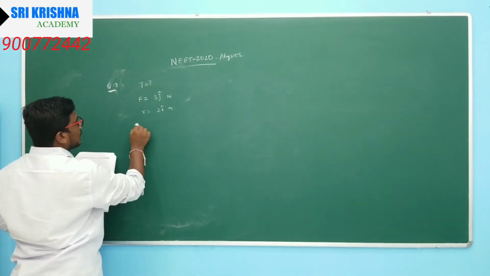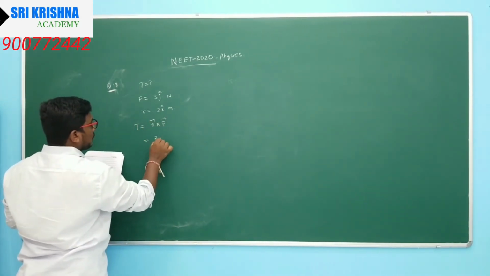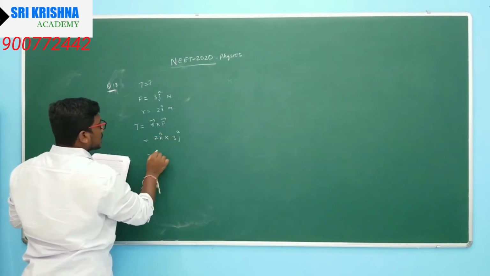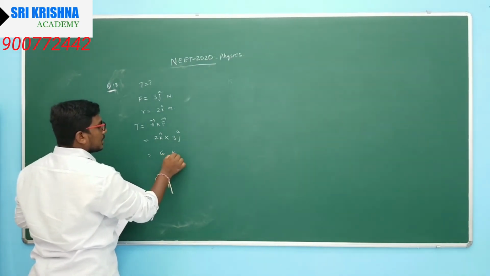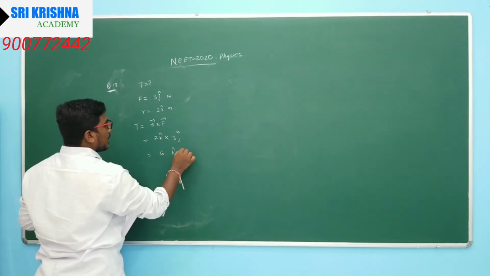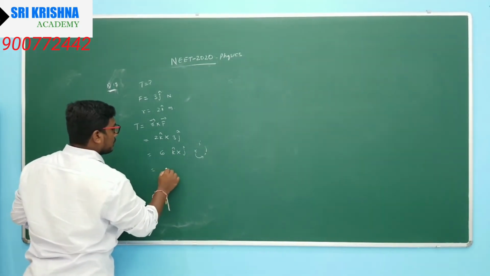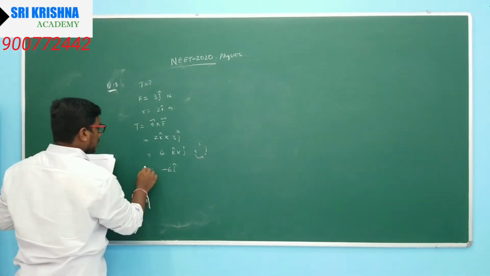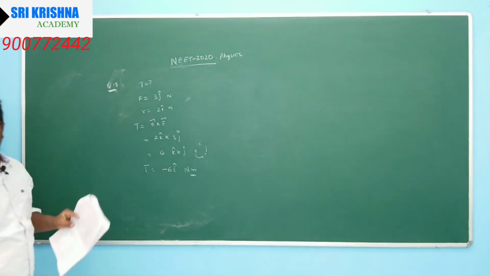Torque is nothing but the direct formula r cross F. So 2 k cap cross 3 j cap. 2 into 3 is 6. K cap cross j cap, going by i j k, is in the reverse, anti-clockwise direction, so it becomes minus i cap. Torque is minus 6 i cap newton meter.